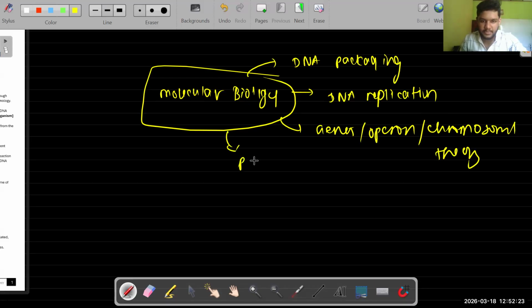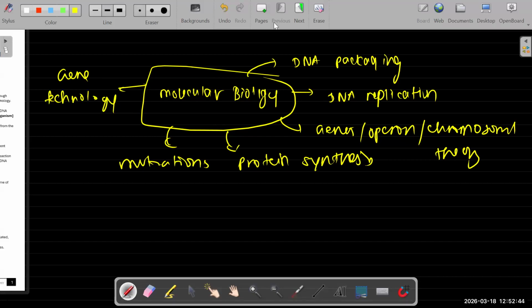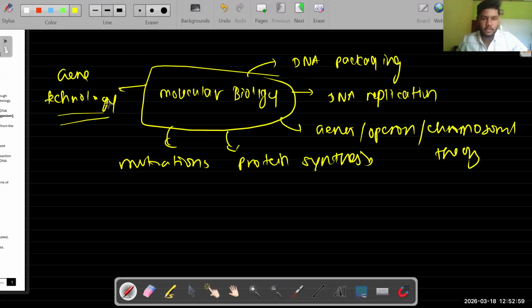Fourth topic was protein synthesis. Fifth was mutation, which we completed now. And last is gene technology. Now we have completed all these topics, and we are going to start gene technology.